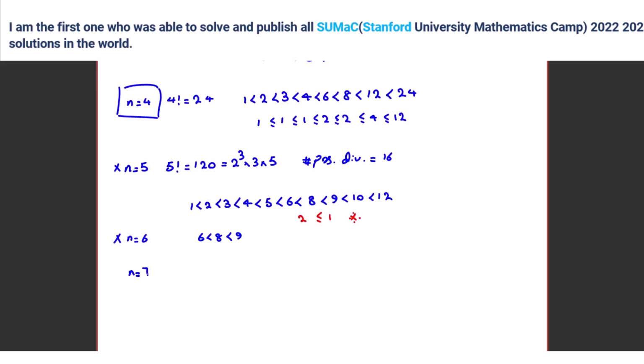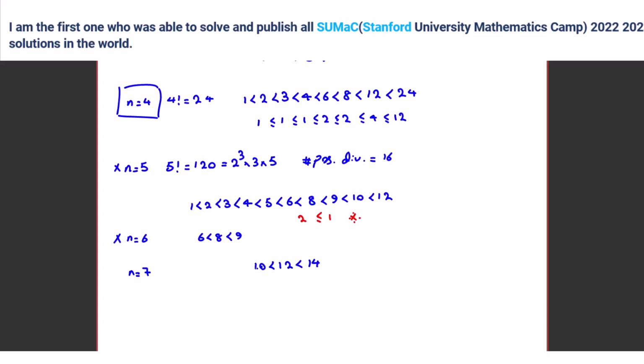For n = 7, try to find which part we have a problem. It goes 12, 14, 15. We don't have 11, 13.